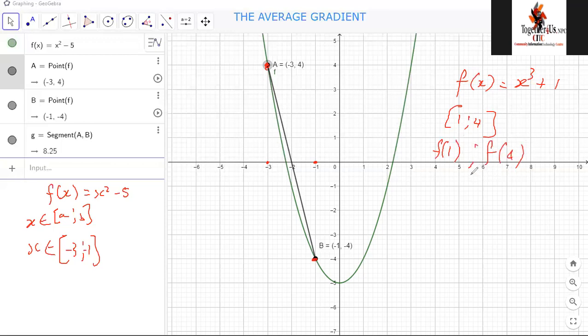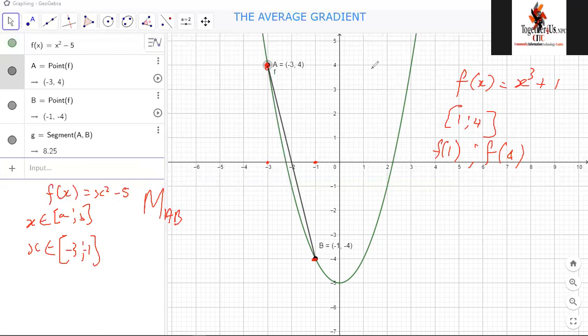From grade 10, we started to discuss the formula for a gradient, and we did the same in grade 11. So if you're wondering how we are going to find this gradient, it's simple. We're just going to use the gradient formula. In essence, finding the average gradient is finding the gradient AB. That's it.